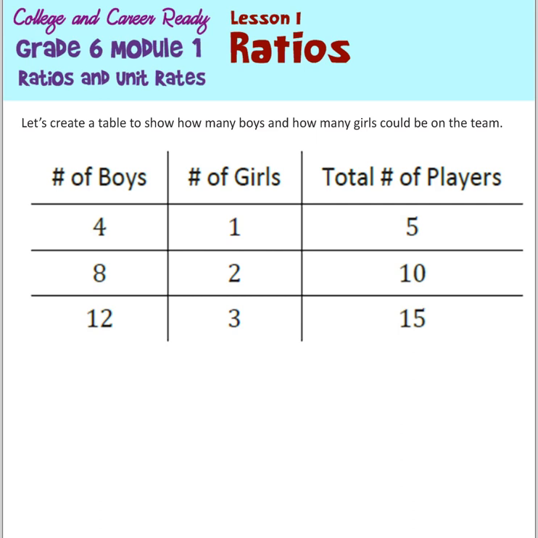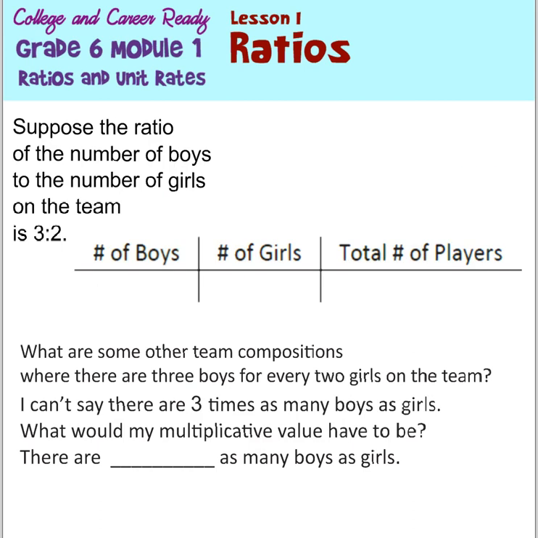But suppose that there's another team that has a ratio of 3 boys for every 2 girls. So we could have 3 boys for every 2 girls, which would give us 5 players. What are some other team compositions where there are 3 boys for every 2 girls on the team?